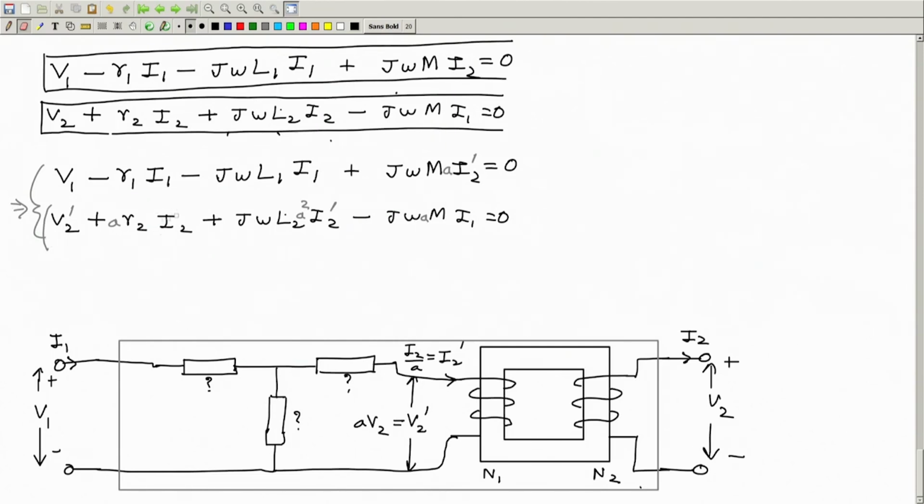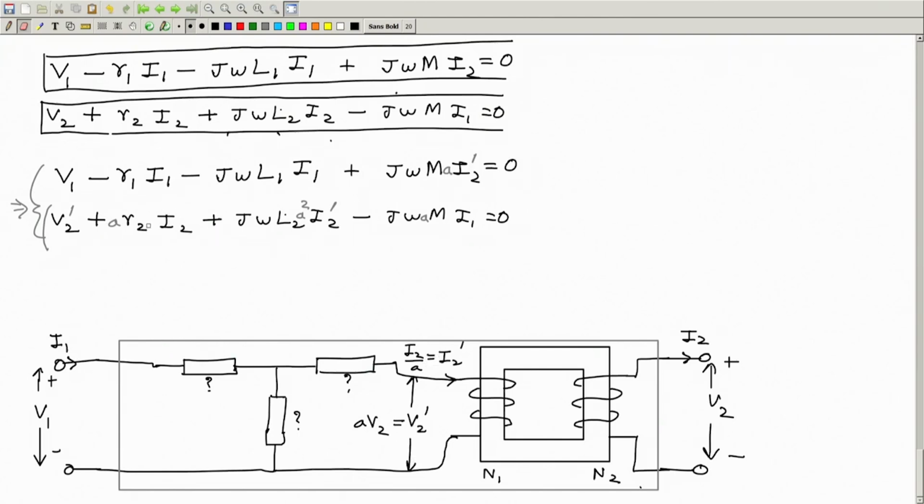This I2 I will also write in terms of I2 prime, because I now essentially want to concentrate only on this part of the circuit, because this is the unknown part. So I want to write everything in terms of the quantities involved here and here. I2 is here, no use. So I'll write everything in terms of I2 prime and V2 prime.